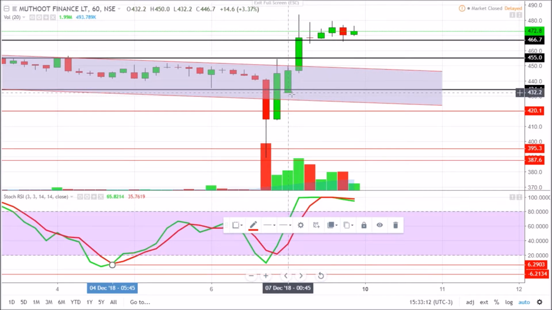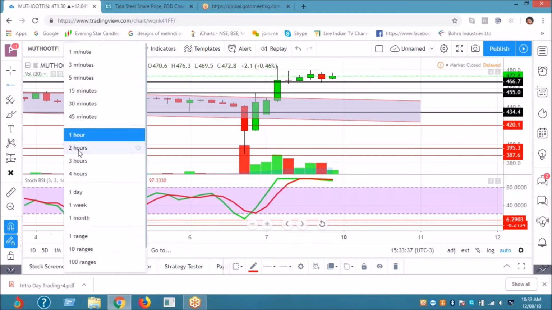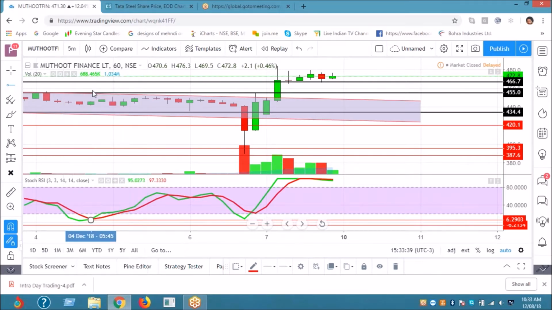If you say so, your entry stands at 432, and your stop loss stands at 415, or a channel low if you want, because below 50% the trend changes, and if it closes below, the trend reverses and moves down. But it has reversed previously in 33% of the previous candle, and that's where the move has been. That's the hourly, because if you see that on a 5 minute, things get more clear.